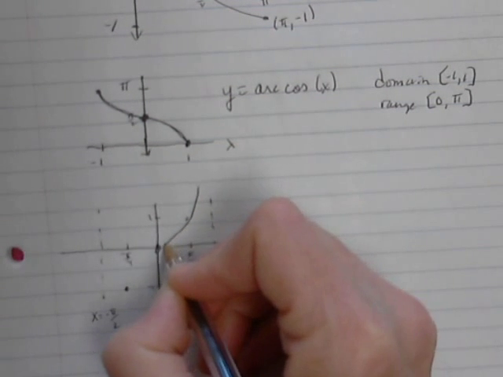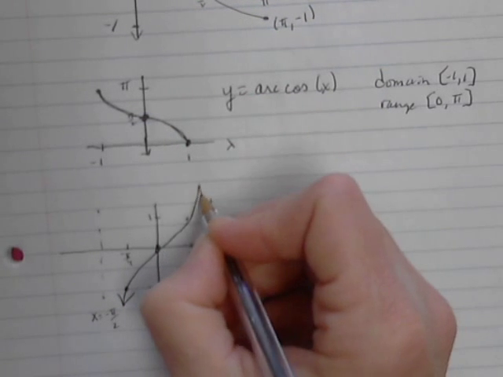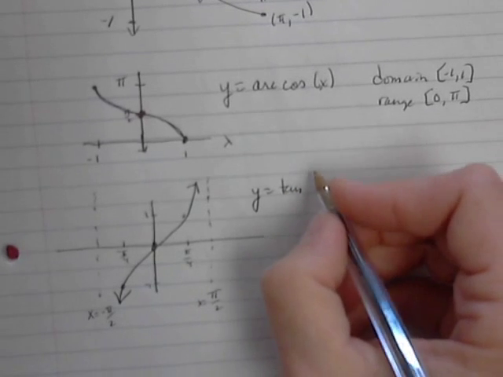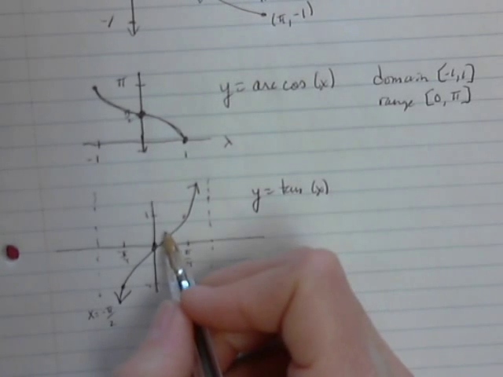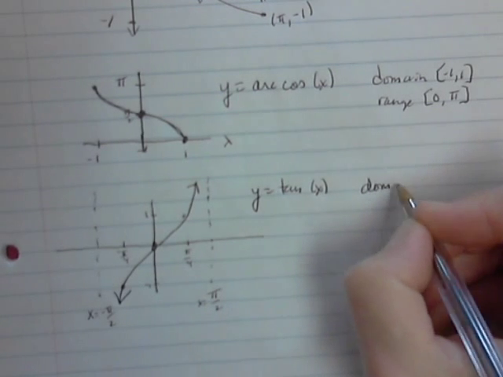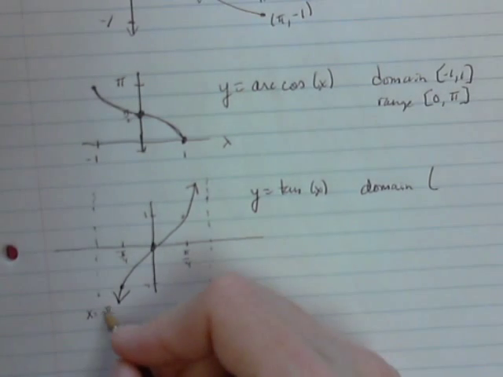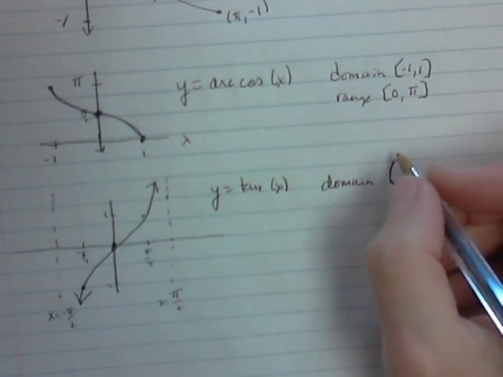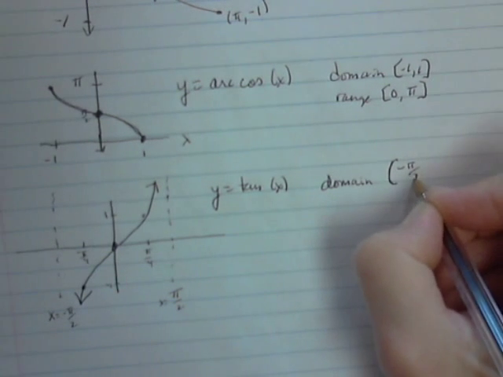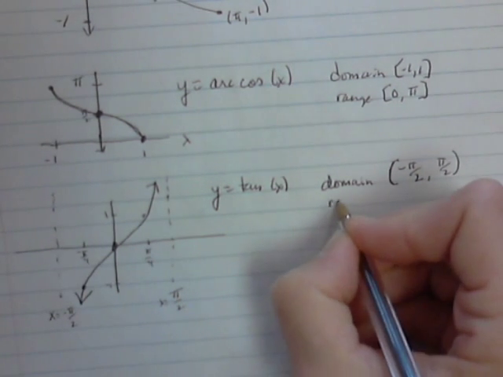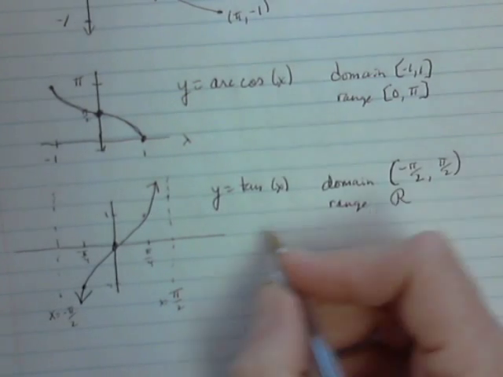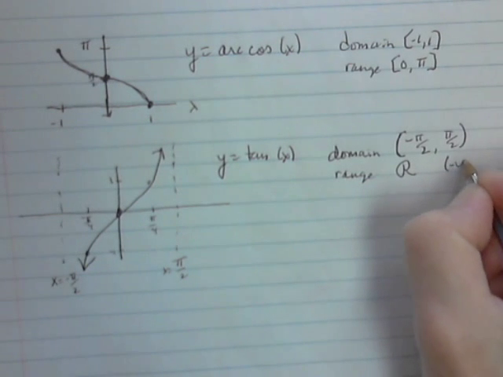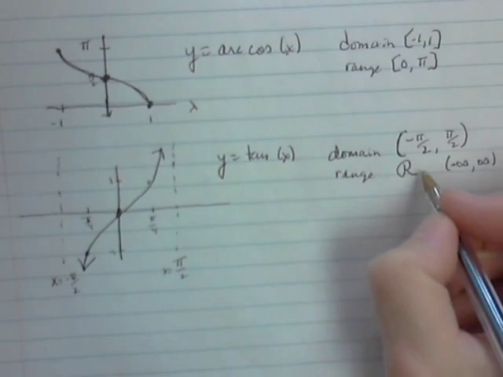So here is just a regular old tangent graph. And if we restrict the domain, so it can be a one-to-one function, the domain is not including, so I'm going to have rounded parentheses instead of square brackets. The domain is -pi over 2 to pi over 2. And the range is all real numbers because it goes forever down and forever up, from -infinity to infinity, if you want to write it that way.